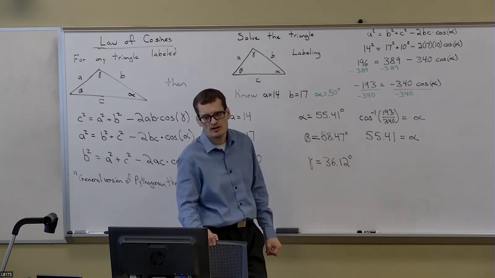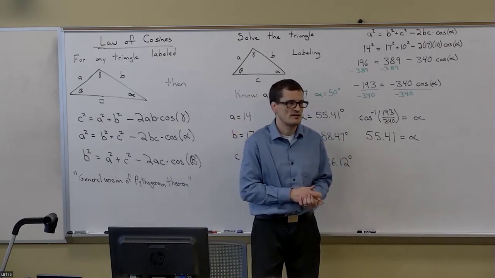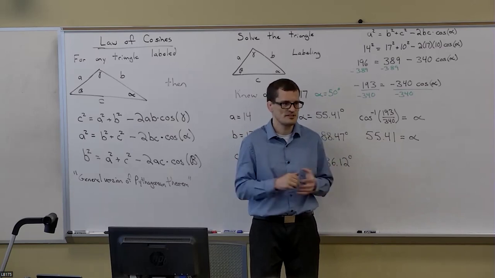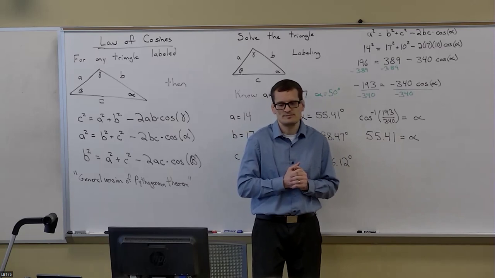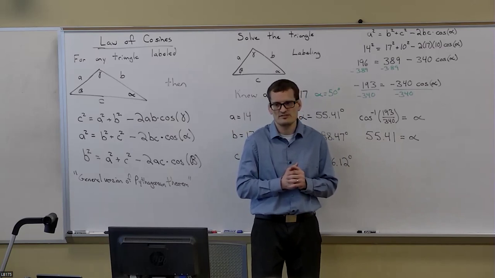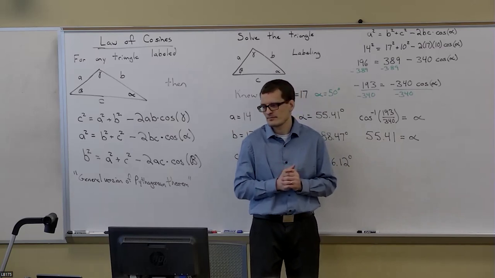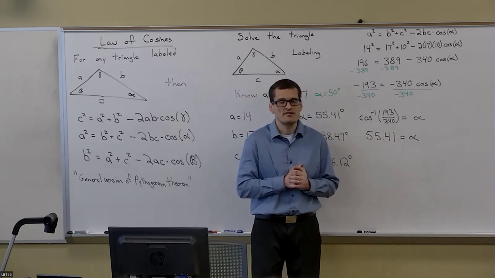People usually like law of sines and law of cosines a lot better than chapter 7, just because in chapter 7 you've got a million different identities to deal with. Chapter 8 is a little bit easier to see what you need to do next. So, all right. Anyways, test Sunday at 5, and then I will see you all next week.